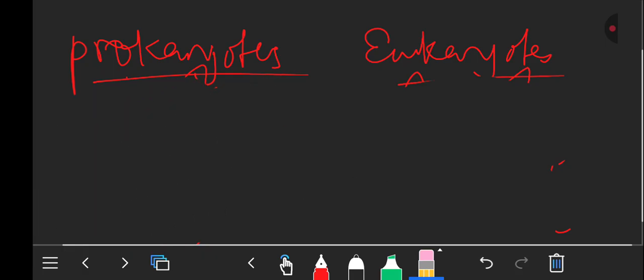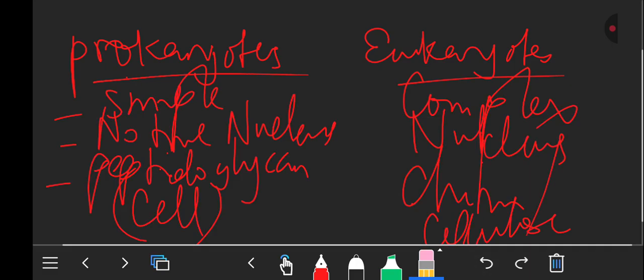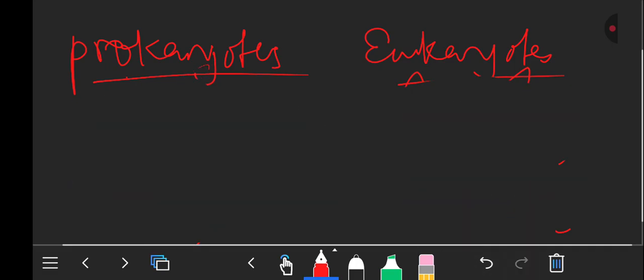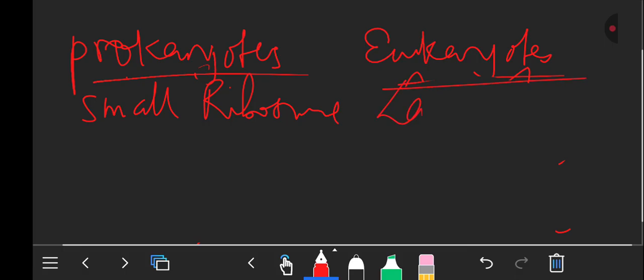Other than that, we can also look at the kind of ribosome which is found in these two. So in prokaryotes, you find that it has a small ribosome. Okay? But in eukaryotes, it has a large ribosome.